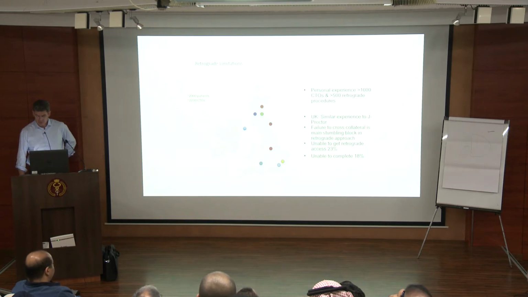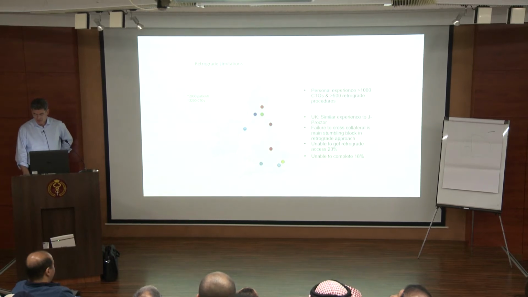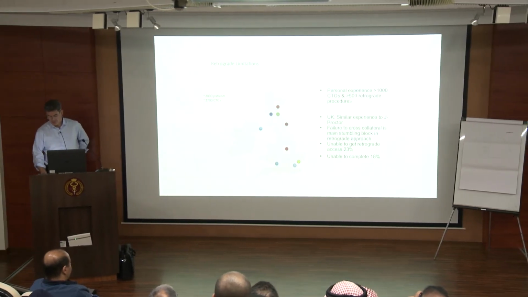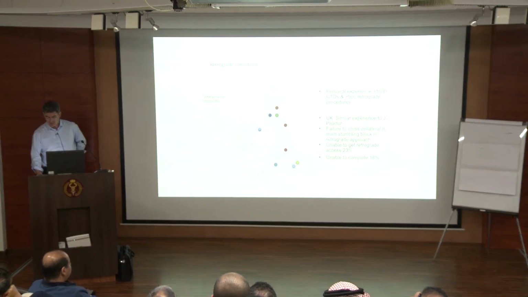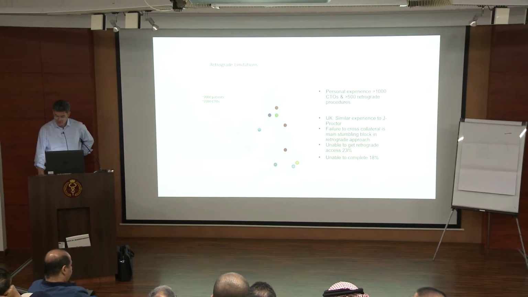We've got a lot of experience now. This has been the registry led by James with centres all over the UK, gathering data over the last half a decade or so, over 1,000 CTO procedures, more than 500 retrograde procedures.